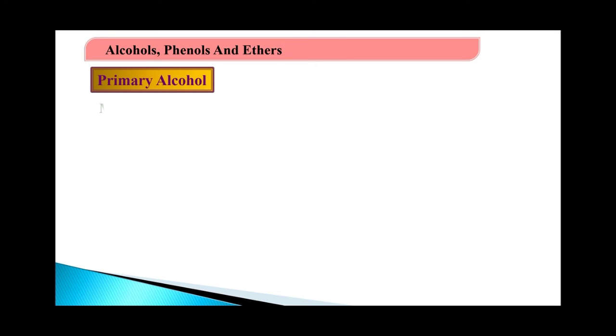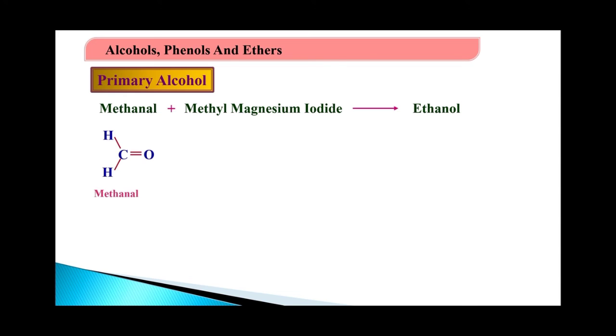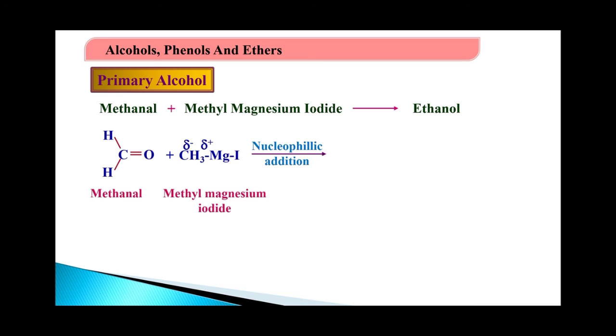Let us see the example of methanal. Methanal on reacting with methyl magnesium iodide gives ethanol. Methanal is formaldehyde, HCHO. Methyl magnesium iodide, CH3MgI. Remember the general mechanism, CH3 should get attached to the carbonyl carbon and MgI should get attached to the oxygen.